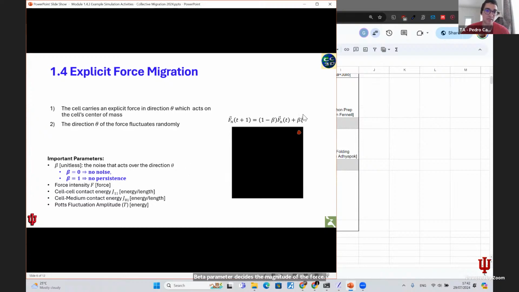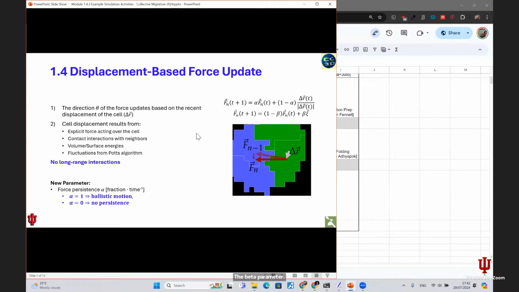It decides the magnitude of the noise. The noise is that thing that acts over the direction of the force. So the direction of the force is fluctuating, and the intensity of this fluctuation is the beta parameter. Okay, thank you. Can you show the alpha equation once more? Sure.